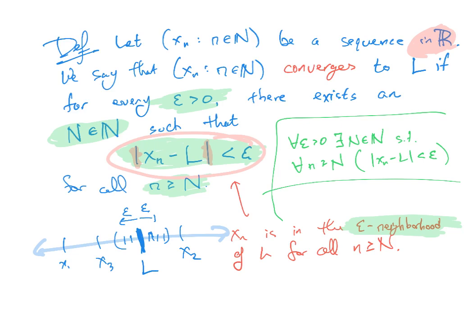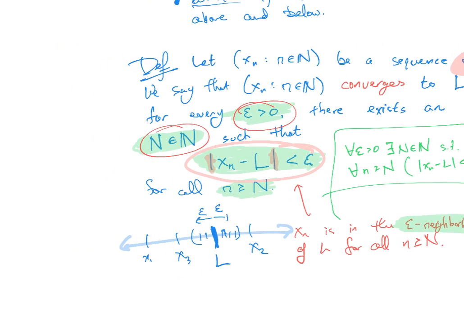It definitely takes some practice to get good at proving that sequences converge to things. One way that people find helpful is to think about this as a game where your opponent picks the epsilon, and then you get to pick the capital N. In fact, sometimes we would denote this capital N by capital N of epsilon.